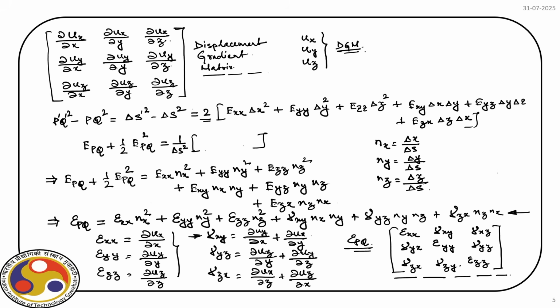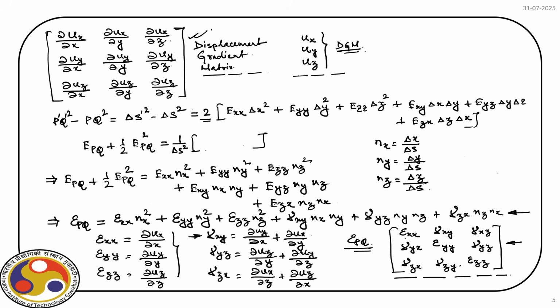However, I have already shown you the quadratic variation also. So, we start with the displacement field u x, u y, u z, and then first we find the displacement gradient matrix, and all the components of the displacement gradient matrix actually give us this 3D strain field.